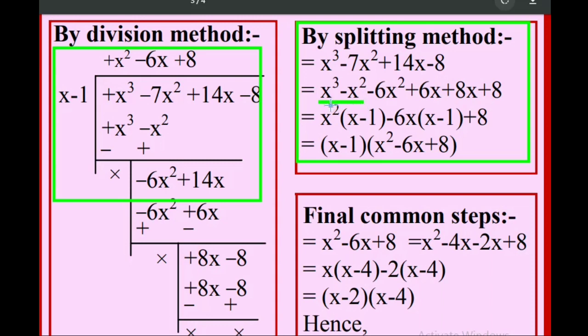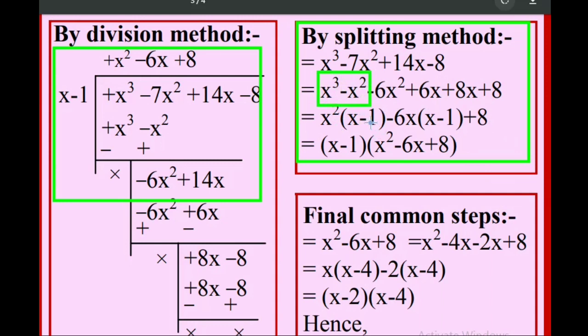So I find that if x cube is there, then its partner should be minus x square, so that in this pair, if I take x square common, we get x minus 1 as a factor, and that is done in the next line. I will come to the next line.